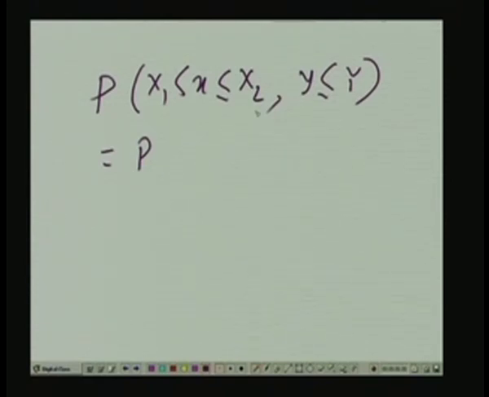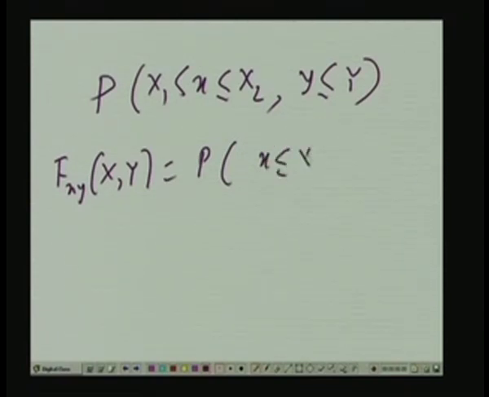Now, this set can be written as a combination of two non-overlapping, non-intersecting sets. One is this event actually. Let me make one small correction. Instead of capital X, if we put small x2.